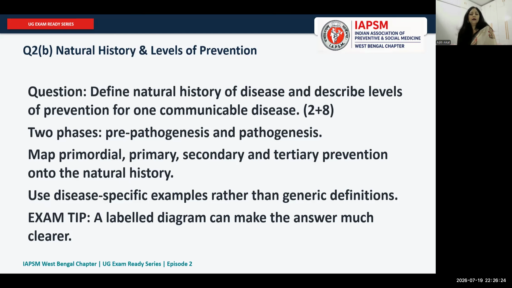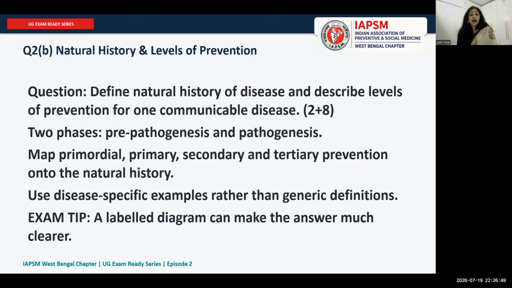There could be a clinical vignette given, and you may be asked to describe the prevention as per the different levels of prevention. So, coming to natural history of disease, you should categorically mention the two phases, prepathogenesis and pathogenesis.